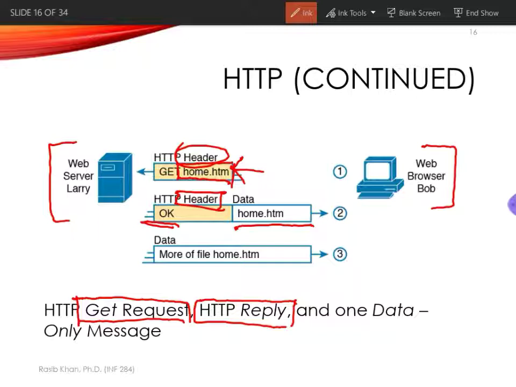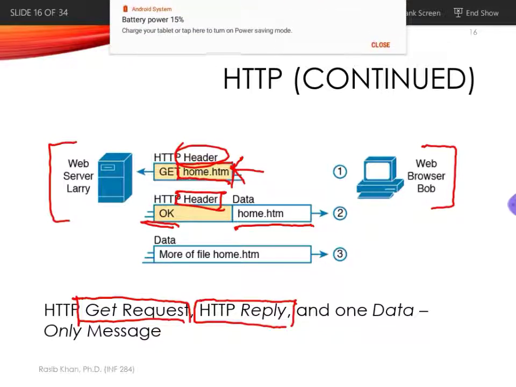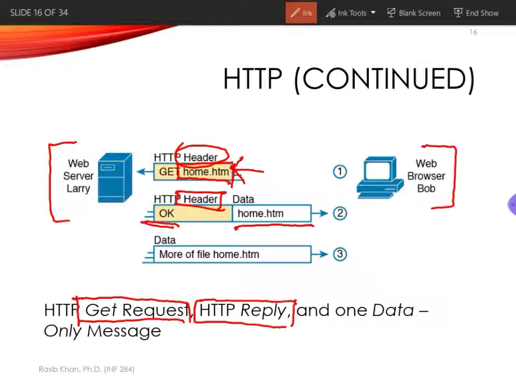However, do note from the previous chapter that the network needs to break down data into multiple packets. So the file that the web server has might be required to be broken down into multiple packets.